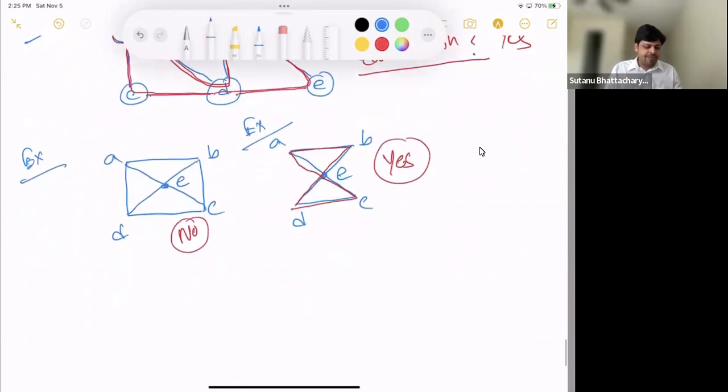Okay. So here is one important theorem regarding the existence of Euler circuit.